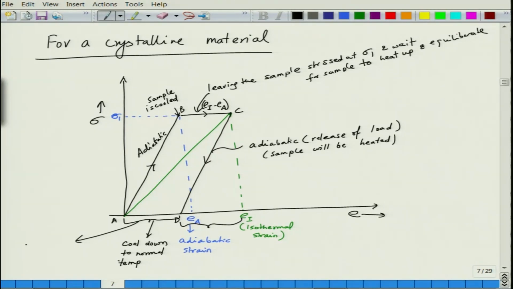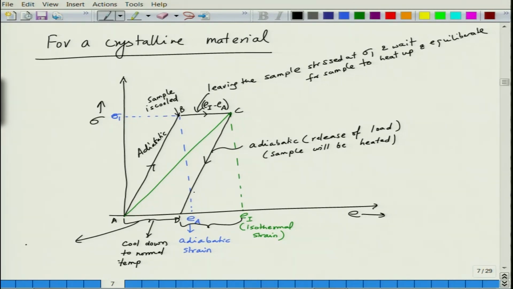So, it cools down and then it equilibrates, and the strain then decreases by thermal contraction following the route D to A. So, essentially A to B, it is adiabatic expansion, the sample is cooled, you wait from B to C for the sample to get the energy from the ambient to equilibrate, and then achieve the isothermal strain level, because the strain level which is reached after adiabatic straining is lower than the isothermal strain. And then when you reach point C, you again drop the load back to 0.